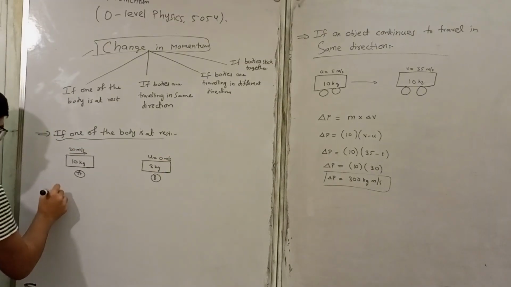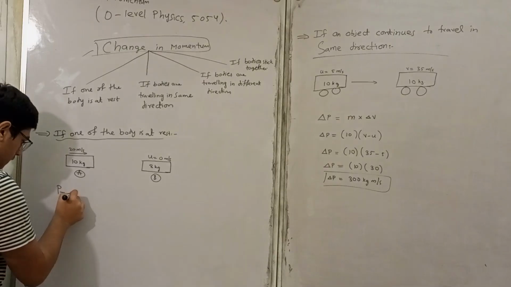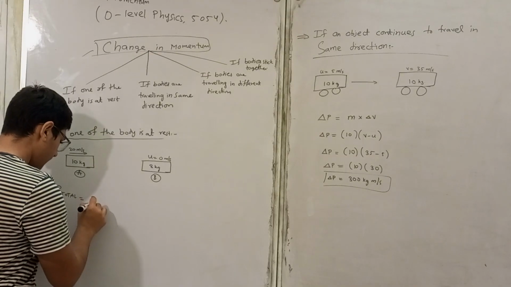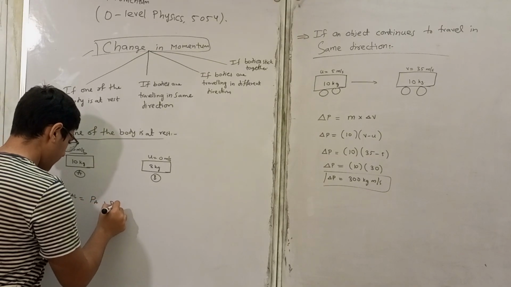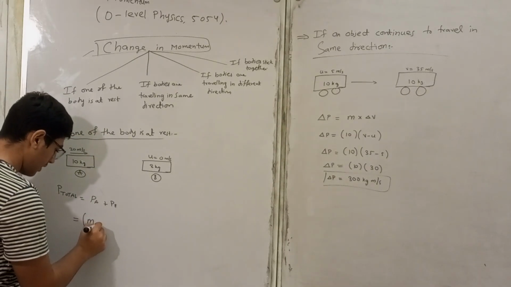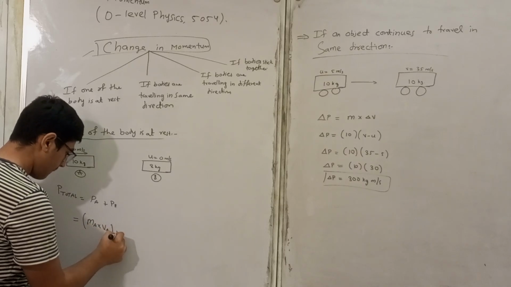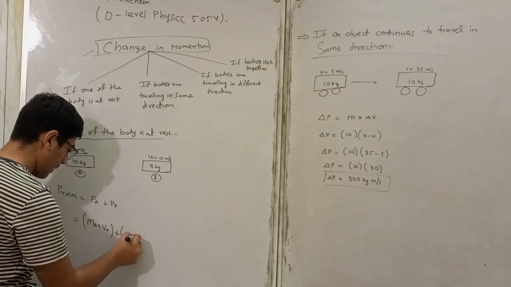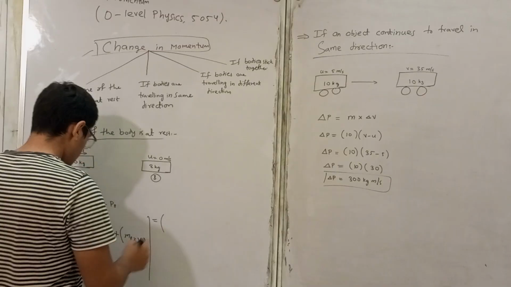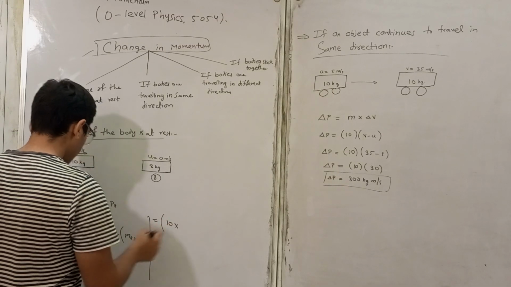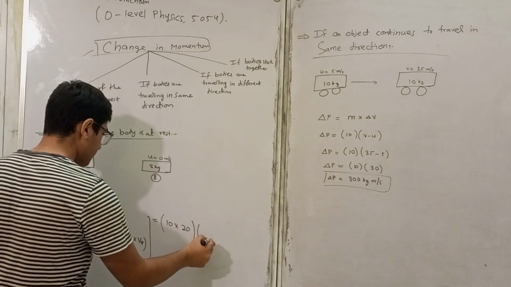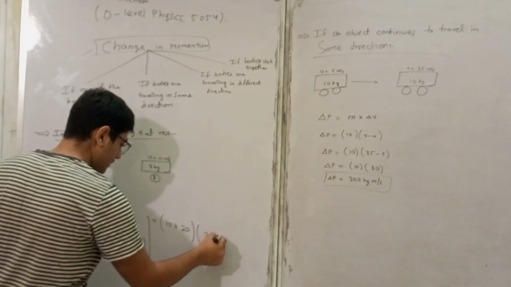Now, if we have to calculate total momentum, P total, total means adding up. So, in this scenario, we will add the momentum of A plus momentum of B. Momentum of A can be broken into mass times velocity, mass of A multiplied by velocity of A plus mass of B multiplied by velocity of B. Mass of A is 10, velocity of A is 20, plus mass of B is 8 and velocity of B is 0.